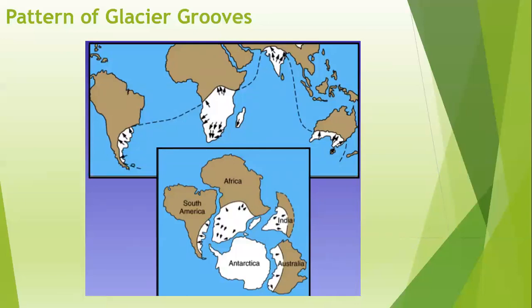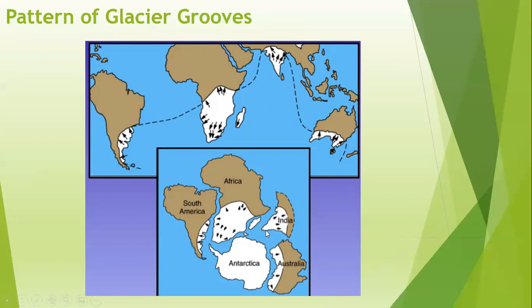Now, when he started studying these glacial grooves, he found them in South America here, Africa here, India here, Australia here, and Antarctica here. Now, these continents, apparently, are the same place which are fitting inside each other. South America fits inside Africa from this part here. Africa fits in Antarctica.